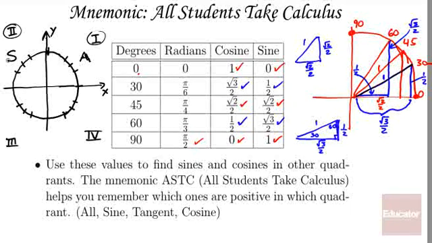In the third quadrant, both x and y are negative. That means cosines and sines are both negative. Tangent, we haven't really learned the details of tangent yet, but we're going to learn later that tangent is sine over cosine. Now, if both sine and cosine are negative, that means sine over cosine is positive.